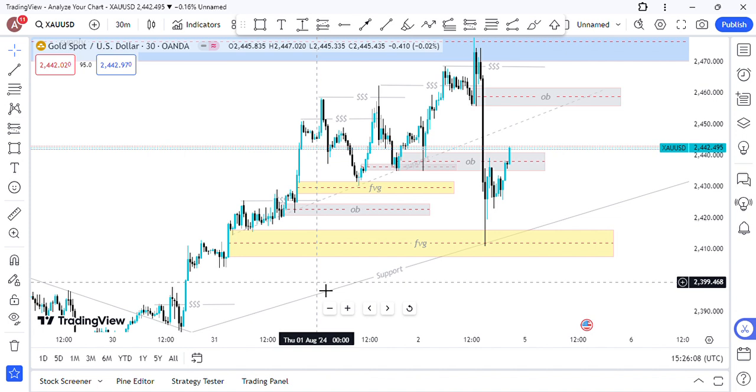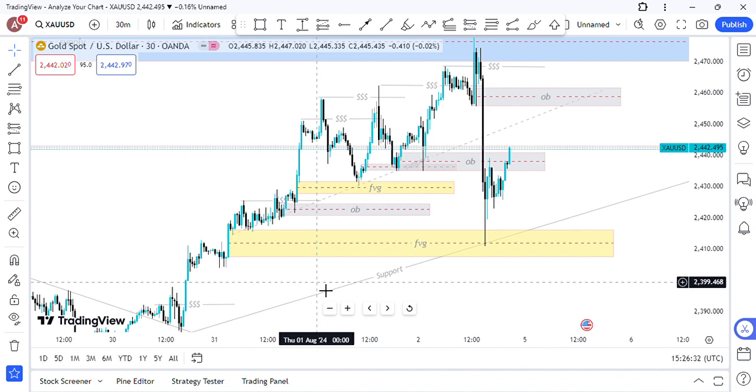Markets will always respect fair value gaps and other blocks when they are close to support and resistance zones. Anytime market gets to the supply zone, it will fall. And anytime market gets to the demand zone, it will rise. Demand zone is where price started rising aggressively, and supply zone is where price fell aggressively.